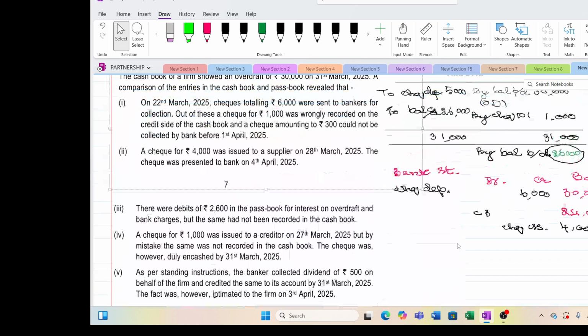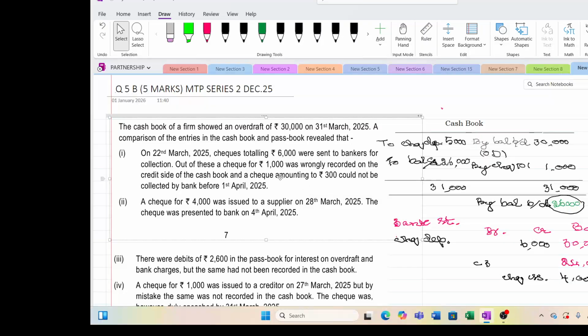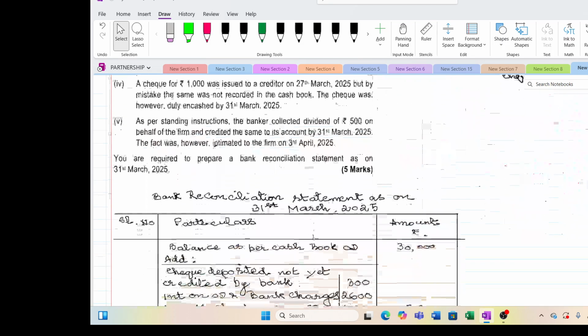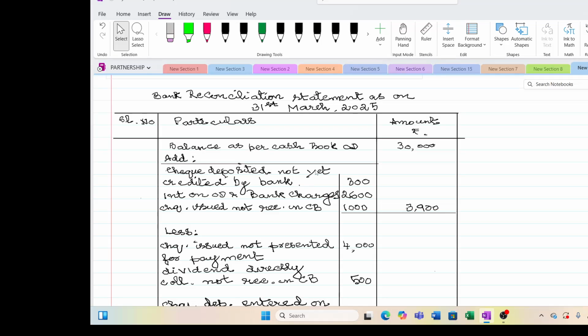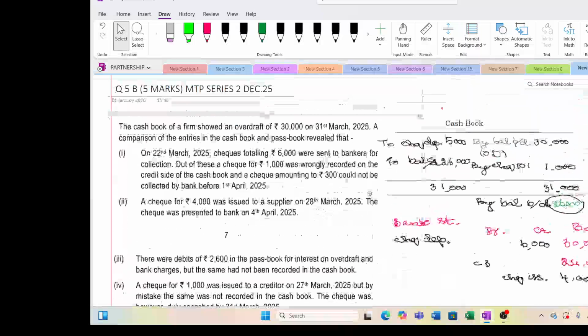Hope it's clear to you people. Now what happened? Among this 6,000 check, one check amounting to 300 could not be collected by the bank. So this amount will remain as an overdraft because to this extent the overdraft will not come down. Clear? So you have to add this back. Check deposited but not yet credited by bank, that will be the overdraft.